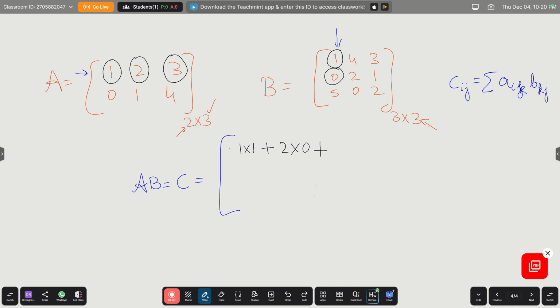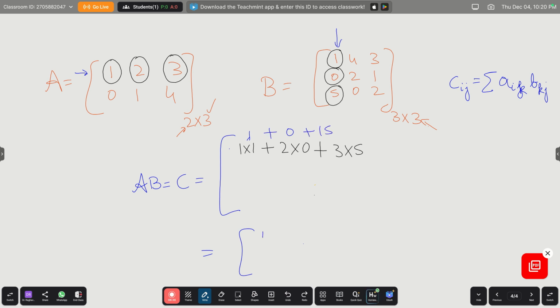The last one is 3 in matrix A and the last one is 5 in matrix B. So in matrix A we go from left to right, and in matrix B we go from top to bottom. 3 multiplied by 5. I'll write the result also. What is the sum product? 1 into 1 is 1, plus 2 into 0 is 0, plus 3 into 5 is 15.